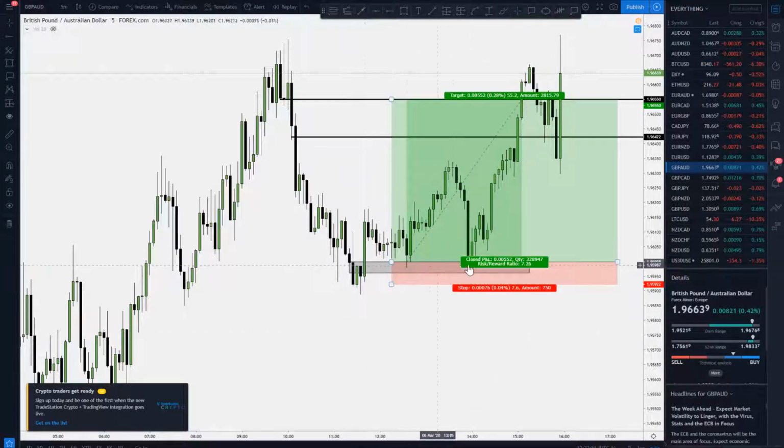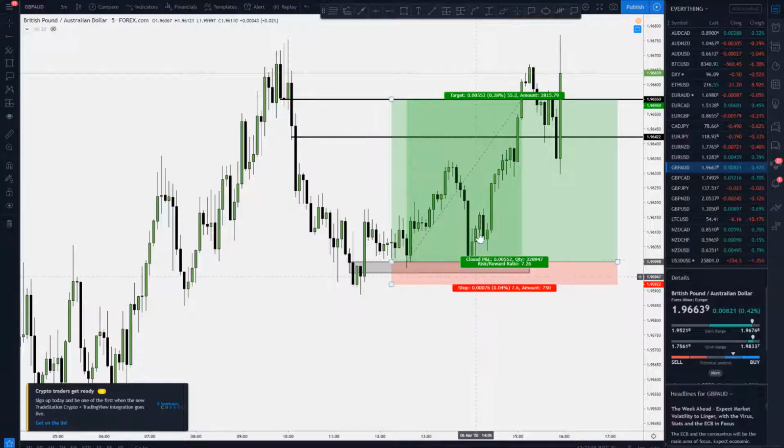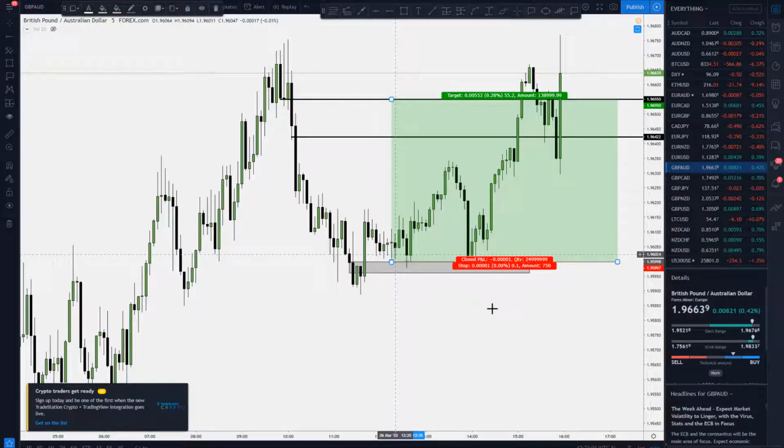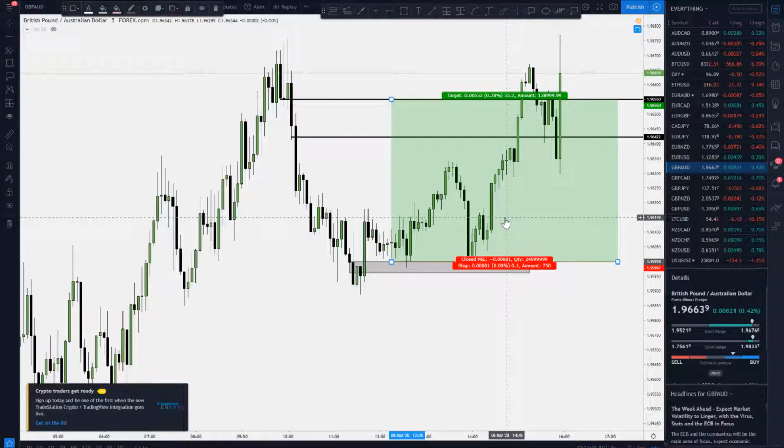This was a very sensitive, heavy point of support for this chart in that area, which was good. And then price came back up, came back down, and started shooting up. This is when the stop loss got moved to break even. And now at that point, we're in a risk-free trade. We have nothing but wins at that point.